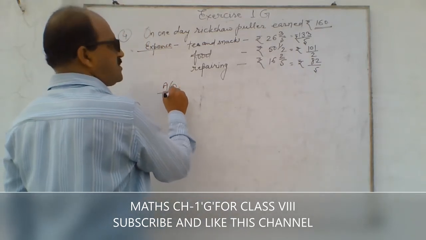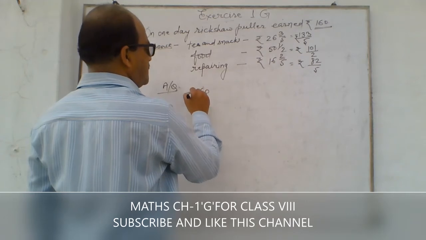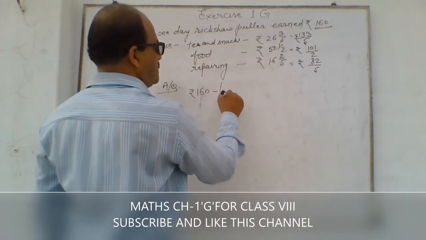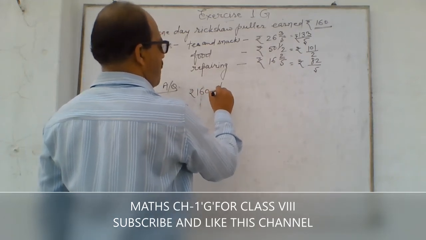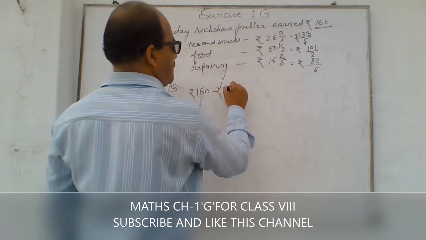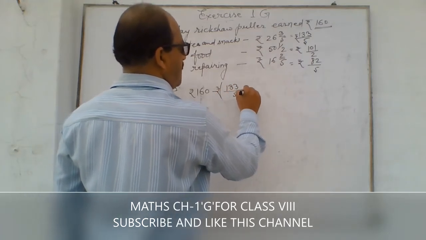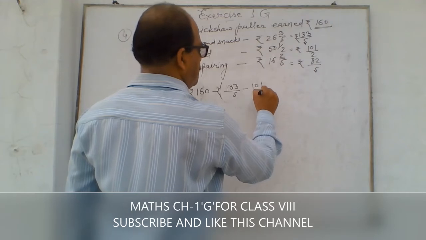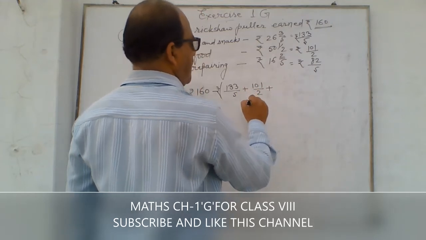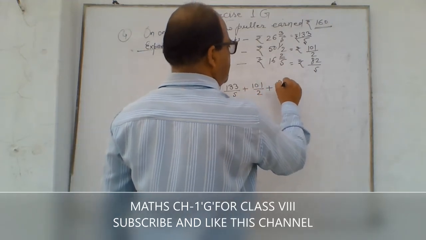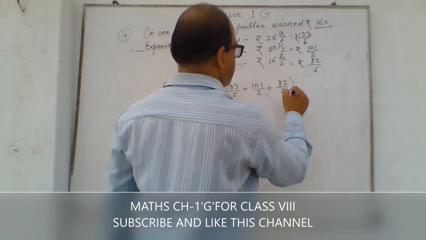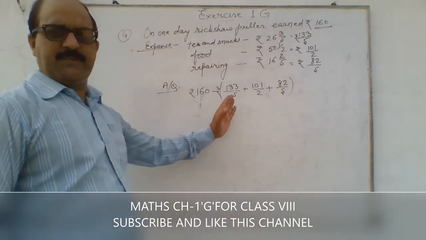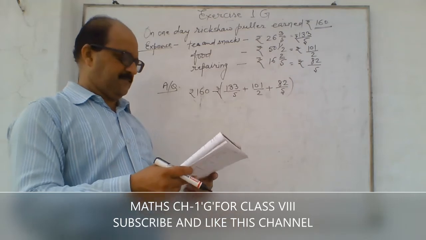According to the question, 160 minus 133 by 5 minus 101 by 2, sorry, these are all added, and 82 by 5. When you simplify it, you will get the answer.